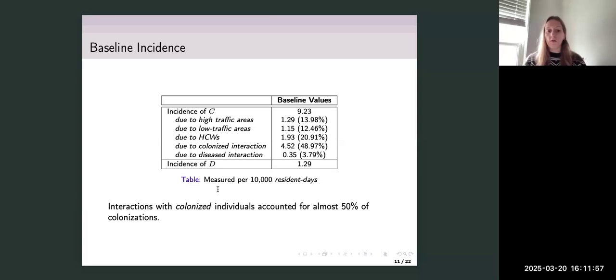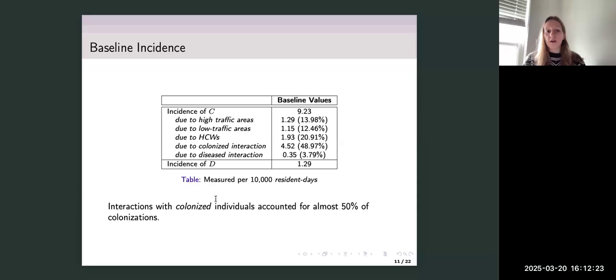So if you recall from when we showed the schematic, there are 5 different pathways from which new colonizations arise. So we're able to quantify the impact, again, with colonized interaction being the most significant one. This is perhaps somewhat of an unsurprising result because colonized individuals are just in the long-term care facility behaving as normal. There are no measures that have been put in place to try to limit their spread.